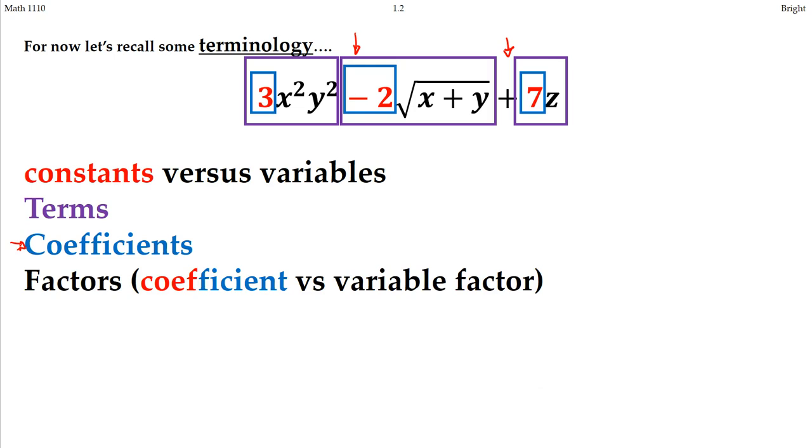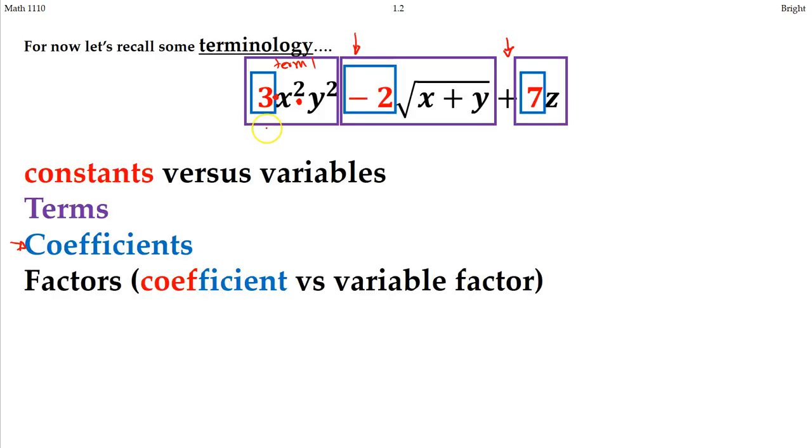Then the last bit of terminology is this idea of factors. A factor really is, within a term, all the pieces that are multiplied together. So within this first term, there are 3 factors, because there are 3 pieces being multiplied together.